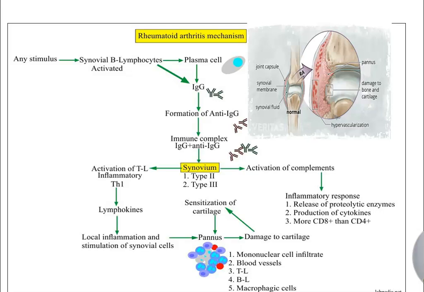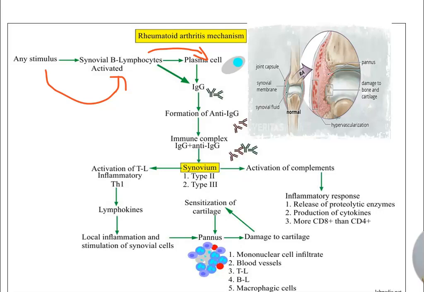So in this mechanism, clearly you can see any stimulus or any factor may lead to active lymphocytes. Whenever the synovial B lymphocytes are activated, this automatically activates the plasma cells.